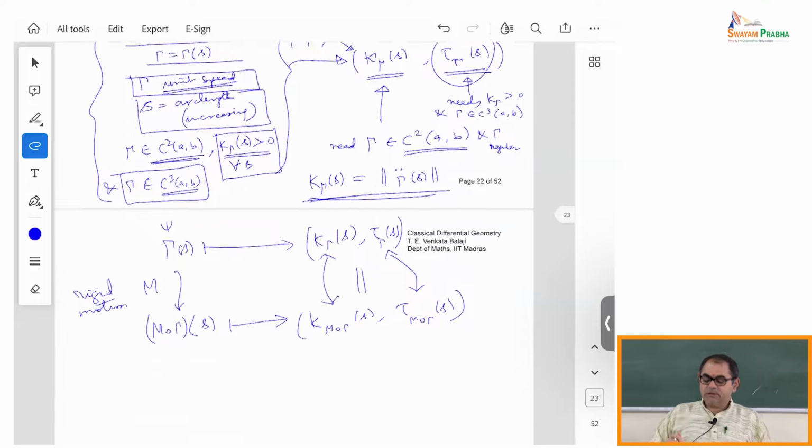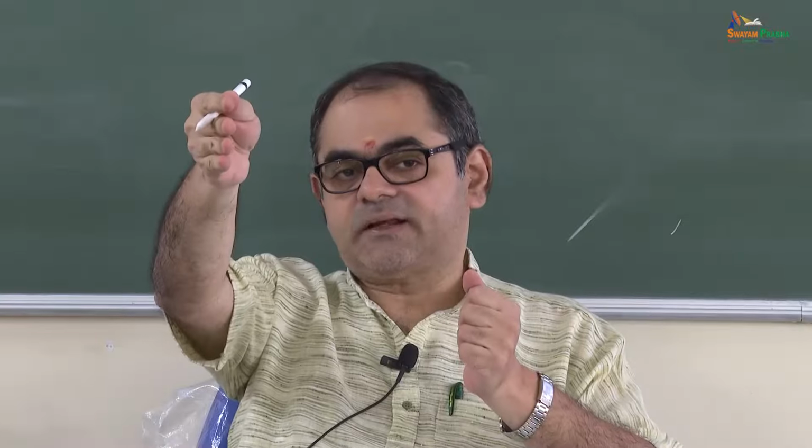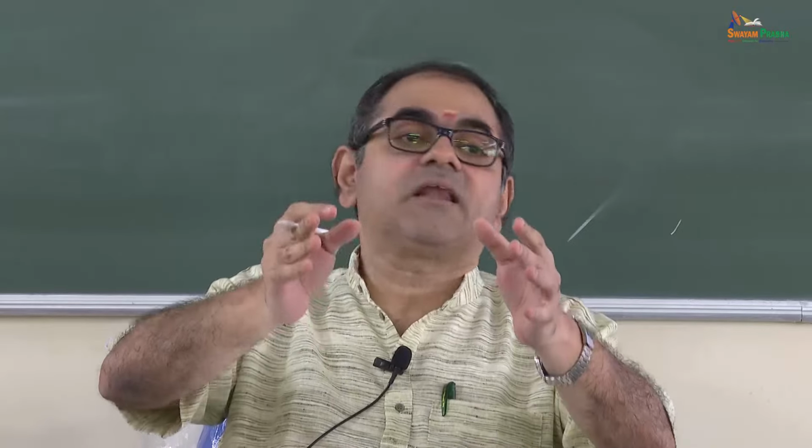Okay, if you move the curve by a rigid motion, then the thing you are associating on the right side, namely the curvature and torsion, doesn't change. What does this mean? See, moving a curve by a rigid motion is an equivalence relation. And what this statement means is that you have not only a map from all such curves, you have actually a map from rigid motion equivalence classes of such curves to the right side.